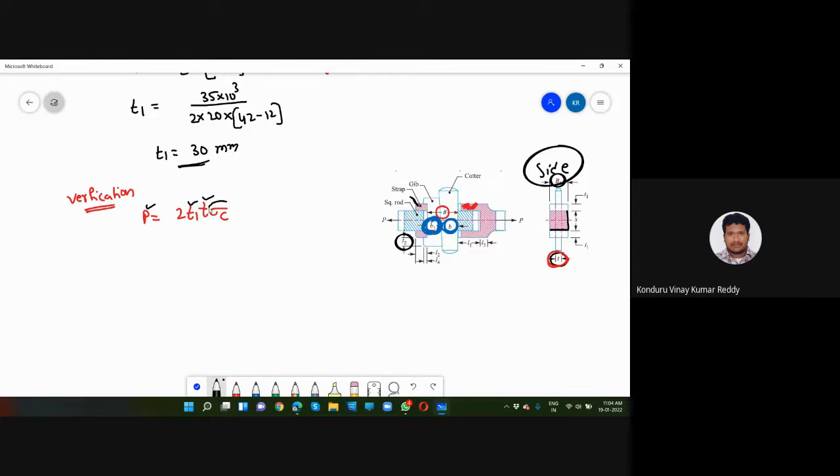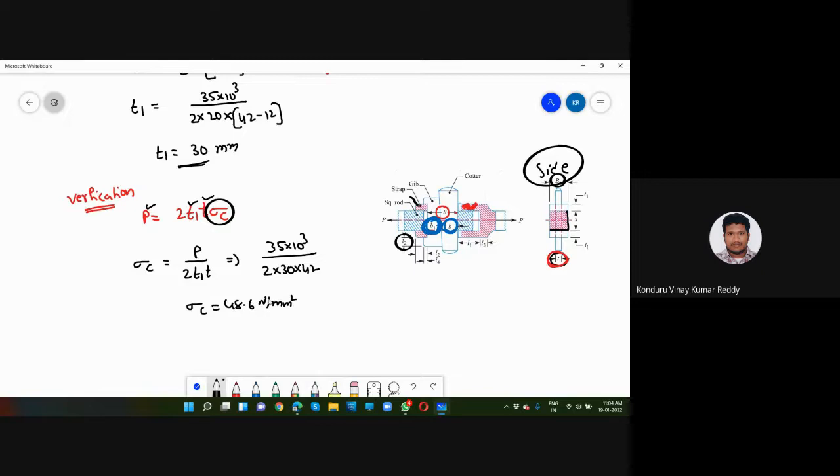As it is verification, we have to find the sigma C value, that is sigma C is equal to P by 2 T1 T, where P is, if I am not wrong, 35 into 10 to the power of 3, by 2, T1 is 30, T is 42. If you verify your answer, sigma C is equal to 48.6 Newton per millimeter square.